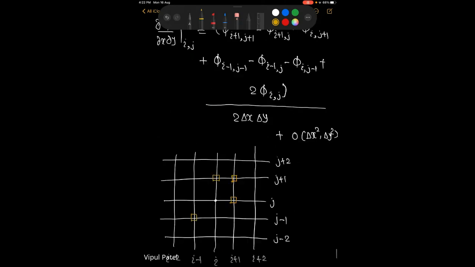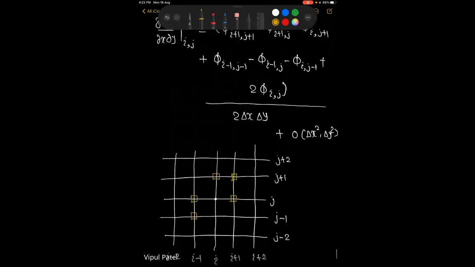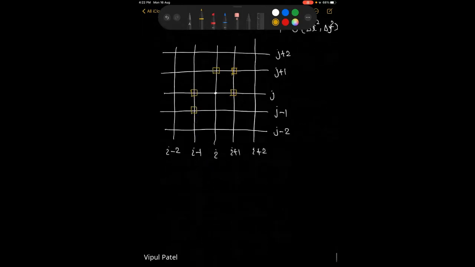Then I minus 1 comma j is this term, and then I comma j minus 1, so this is I and this is j minus 1. We are talking about del square phi by del x del y at this particular node, so if I highlight this contribution, these are the nodes which participate in the final formulation.